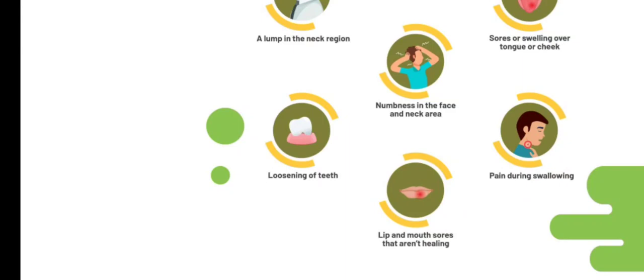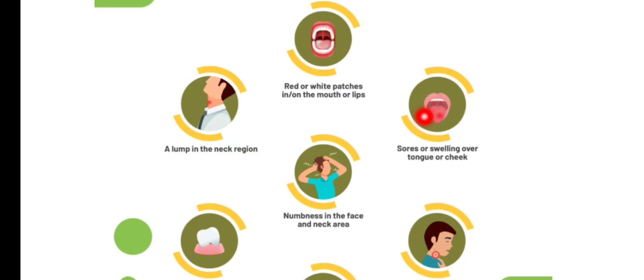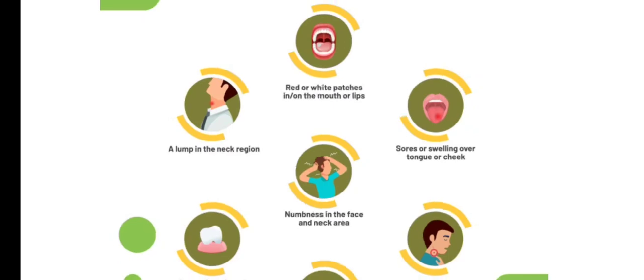Then there is numbness in the face and neck area, a numb feeling, and a sore tongue, or swelling on the tongue, and it gets reddish in color.